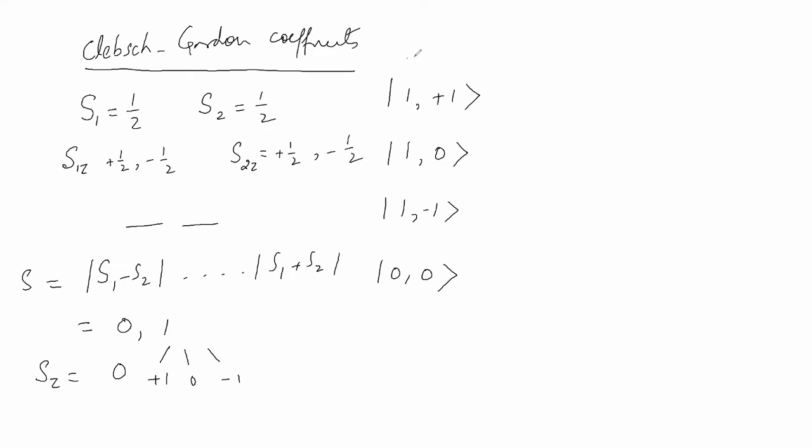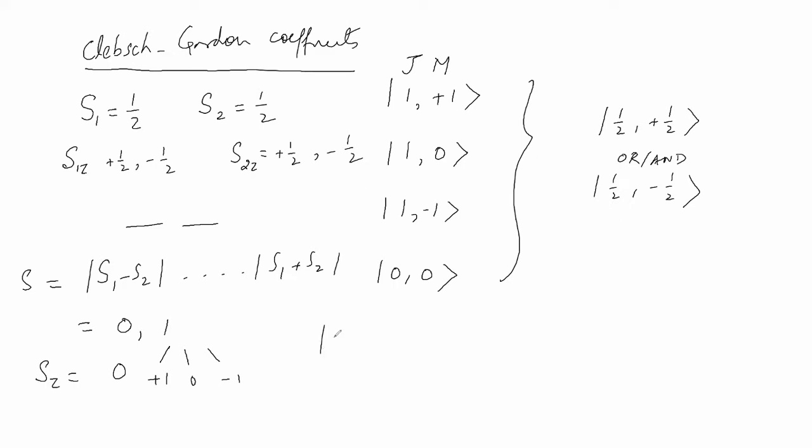Now this is my J, M, and I have to form this with the help of two particles where the spin can be either half plus half, half minus half, or one has plus half and another has minus half, and so on.